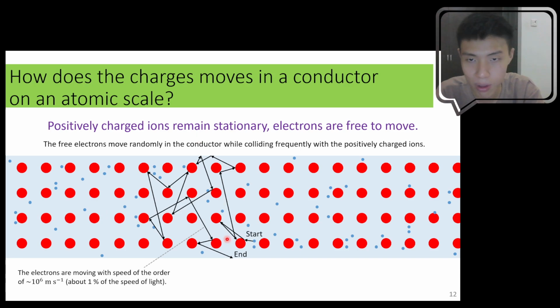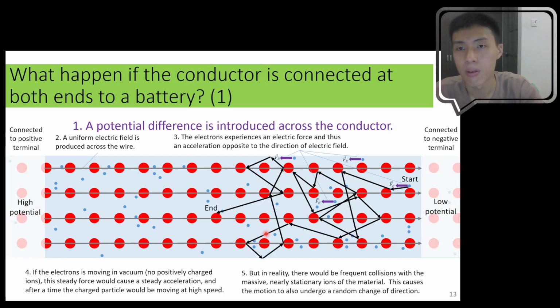After all the whizzing around in between the positive ions very fast, it brings you back to similar places. There's no particular direction that the electron is heading towards. But right now, things will be different if a potential difference is introduced across the conductor.